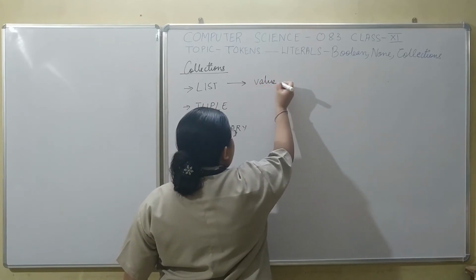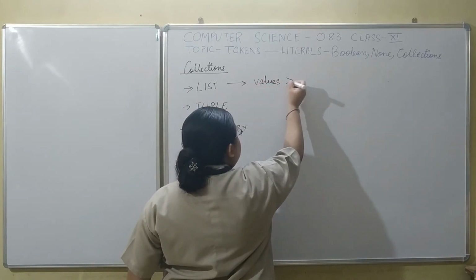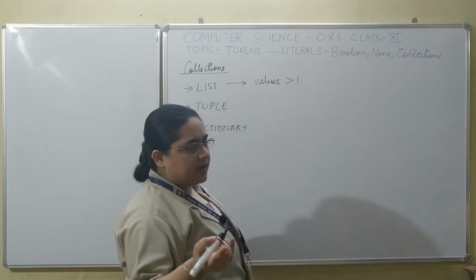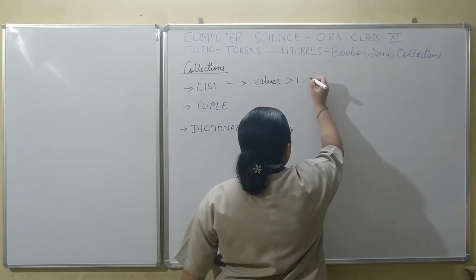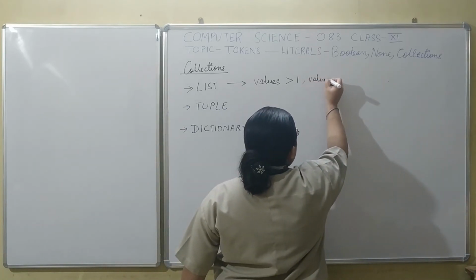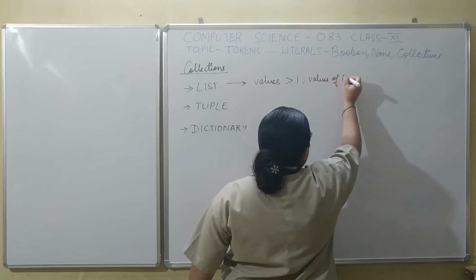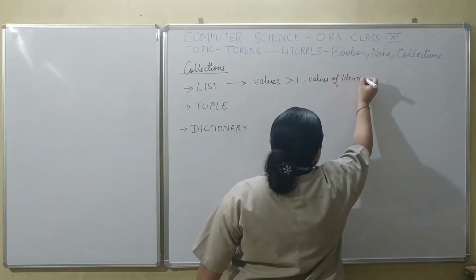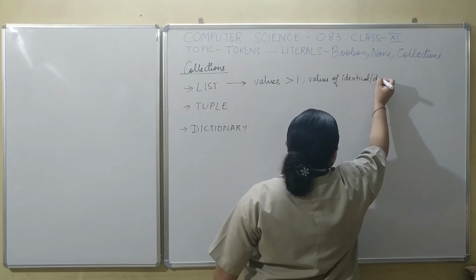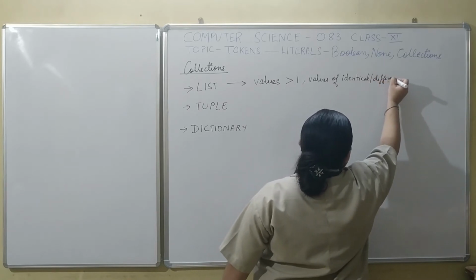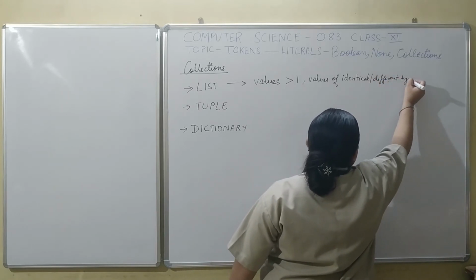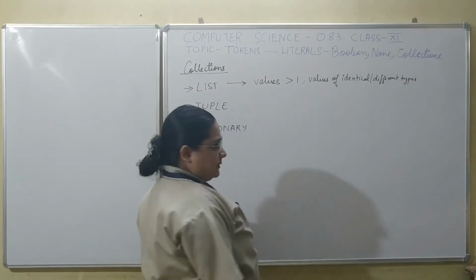When you want to store more than one value, and that too values of identical or different types, then we call them lists.